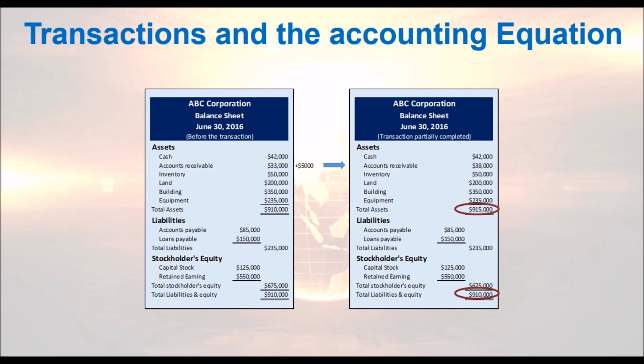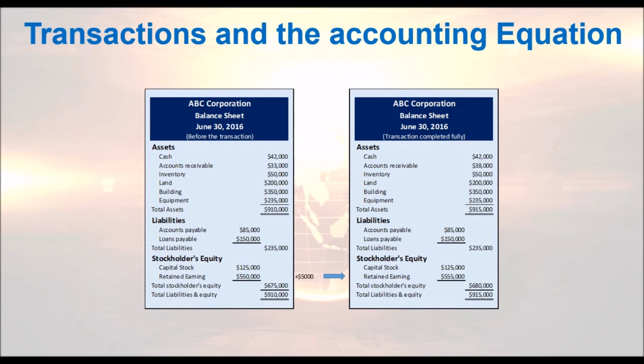Now the total assets is 915,000, and the total liabilities and owner's equity is 910,000. Again, the transaction is not fully complete yet. What you also need to do is increase the retained earnings by 5,000. The 5,000 that was accounts receivable also gets reflected in the retained earnings.